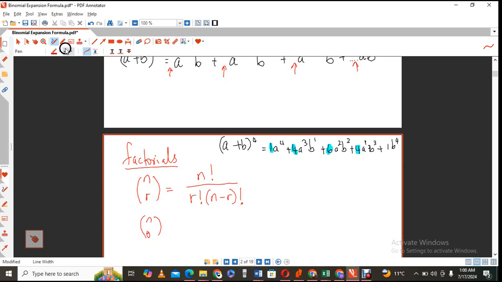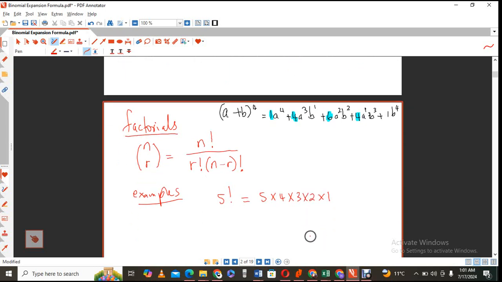But maybe before we look at that and explain it a little bit, let's bring in a few things that we need to understand whenever you calculate that. What does 5 factorial mean? For example, if someone says 5 factorial, basically this is 5 times 4 times 3 times 2 times 1, which is basically a combination of doing things and permutations, right?